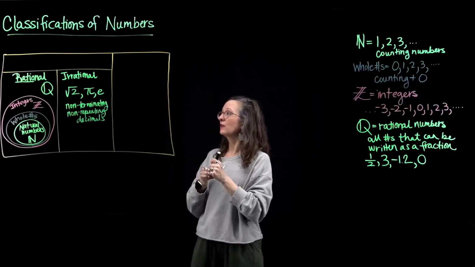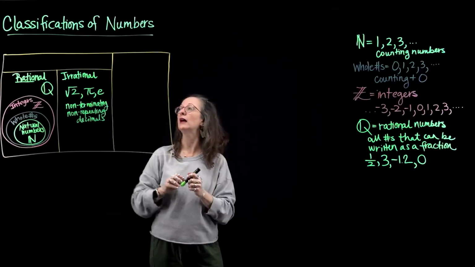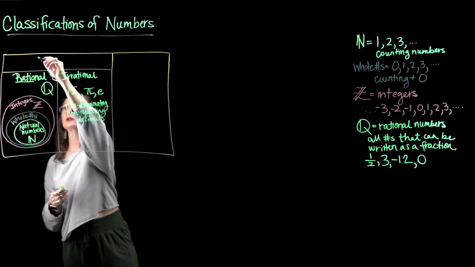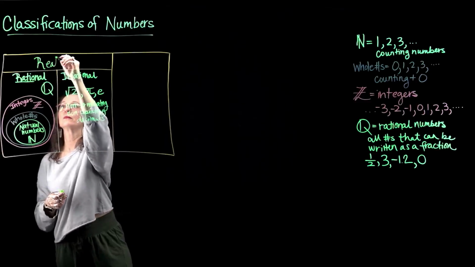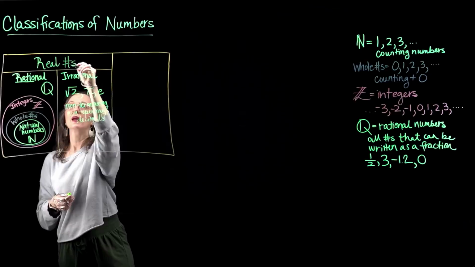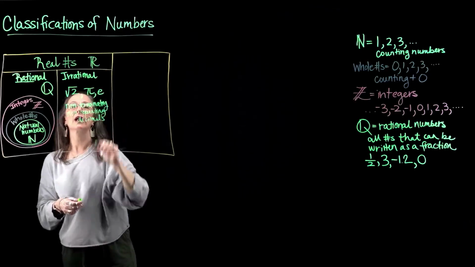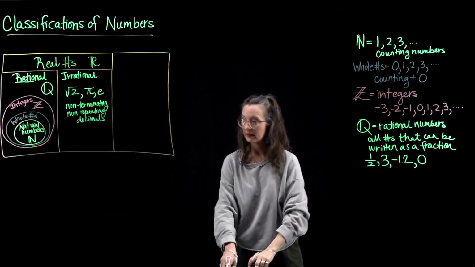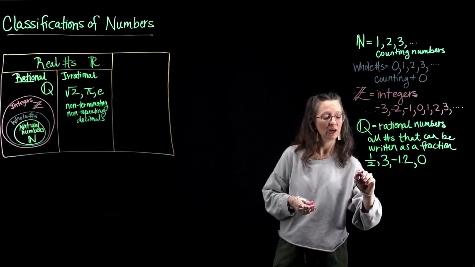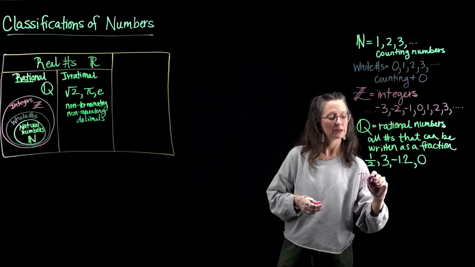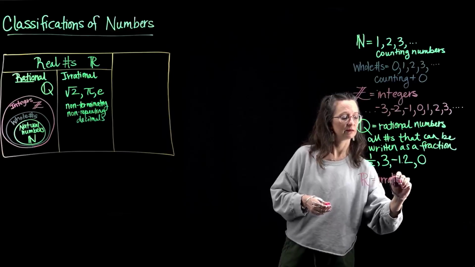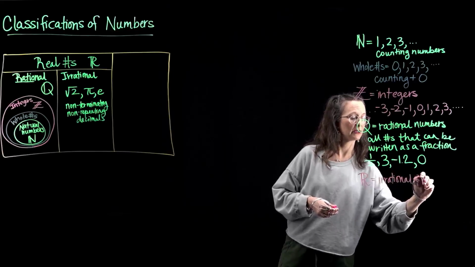When we put together the rational and the irrational, we get the real numbers. And we write that as a capital R with a bar through it. Let's write that one over here. So my real numbers is the irrational plus the rational.